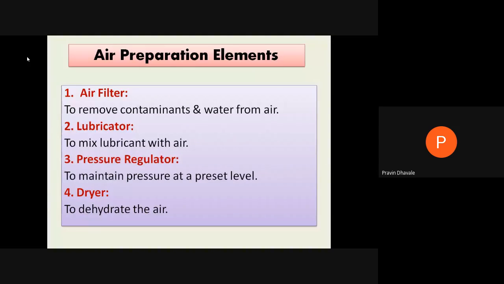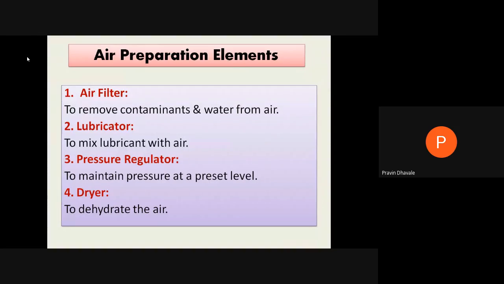Now, why is it required to provide the pressure regulator? No doubt the compressor is used to increase the pressure of the air, so from the receiver we get high pressure air. But the various elements or various branches of the pneumatic system may work at a different pressure range or a different pressure level.